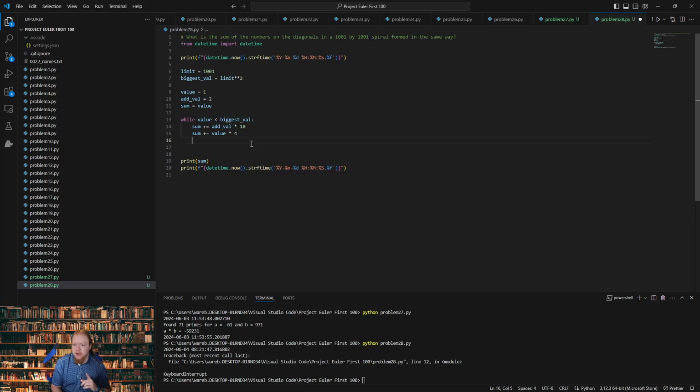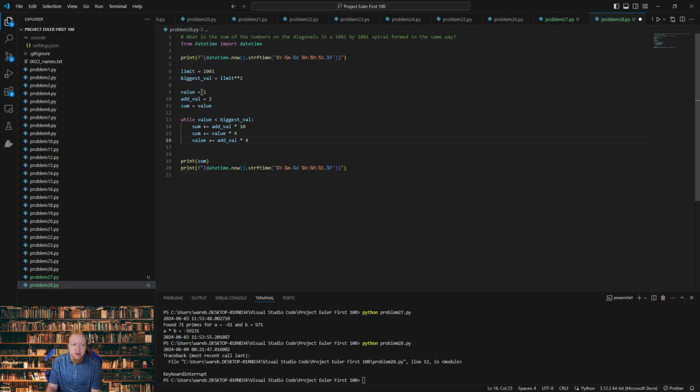And then we have to figure out how to make the value, which is going to be add val times 4. So, reasoning.